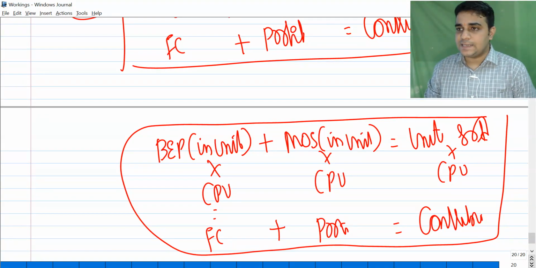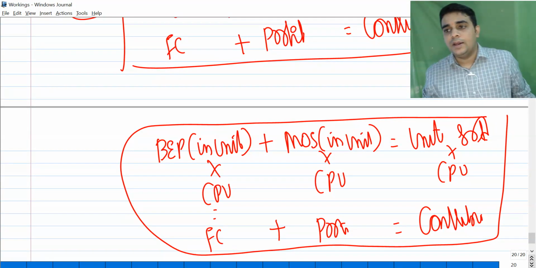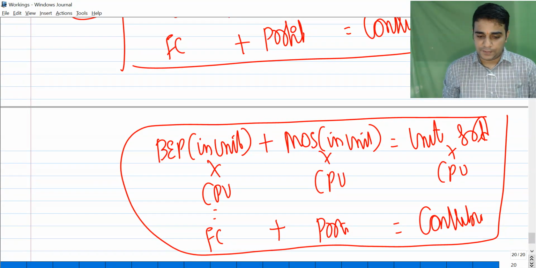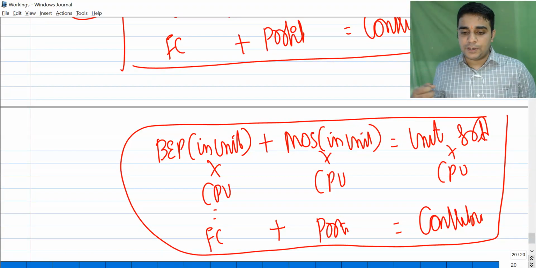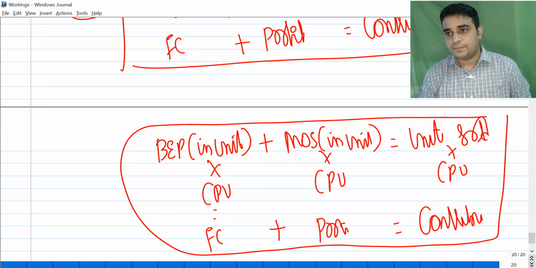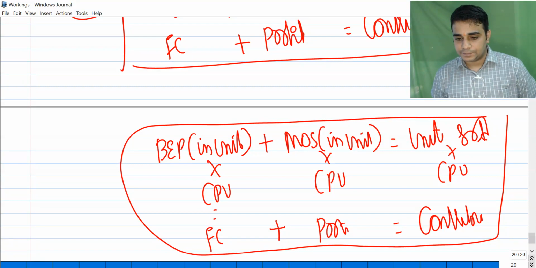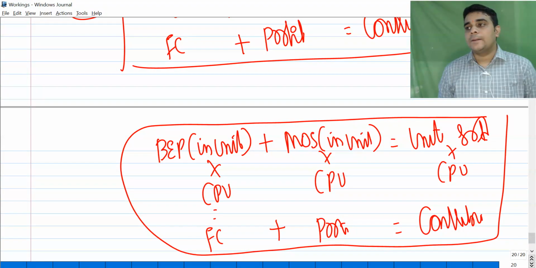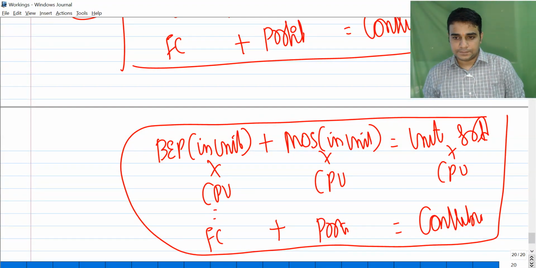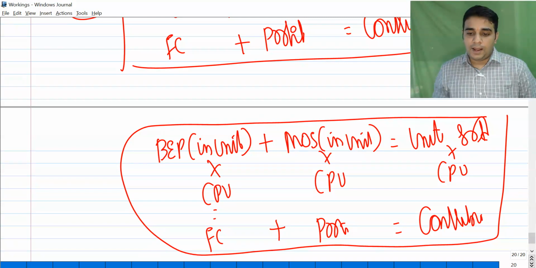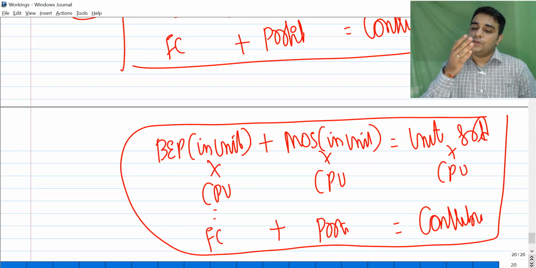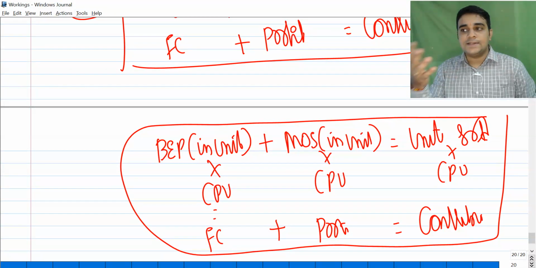BEP in units plus MOS in units is equal to units sold into contribution per unit is equal to fixed cost into contribution per unit is equal to profit into contribution per unit is equal to contribution. Clear?